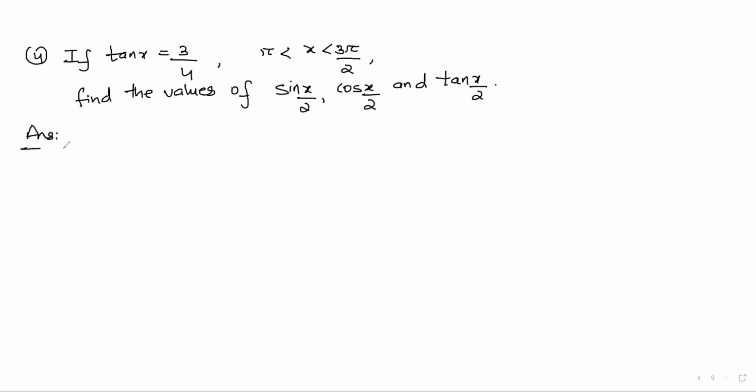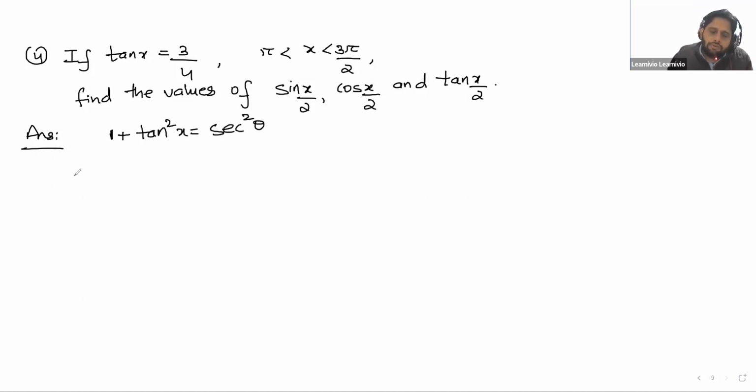Okay, so I will help you in this quickly. We have the formula for cos, and we have tan. So we will use this identity: 1 plus tan square theta is equal to sec square theta. This is not a new identity for you.